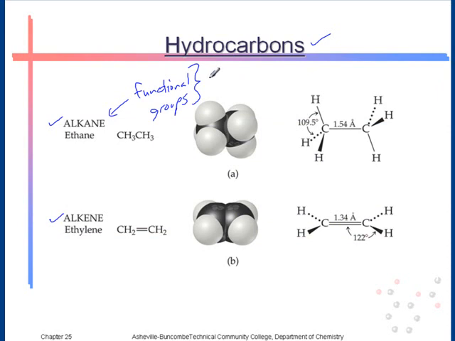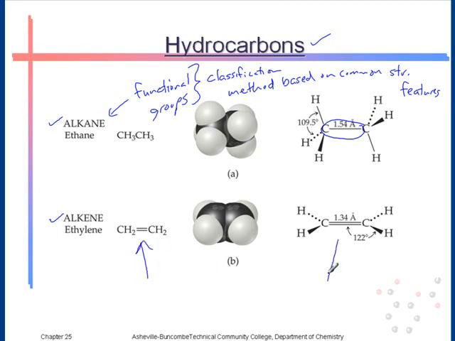So it's a classification method. What's common to all alkanes is that you have this carbon-carbon single bond. What's common to all alkenes, you have a carbon-carbon double bond somewhere in the molecule. You would classify this as an alkene.